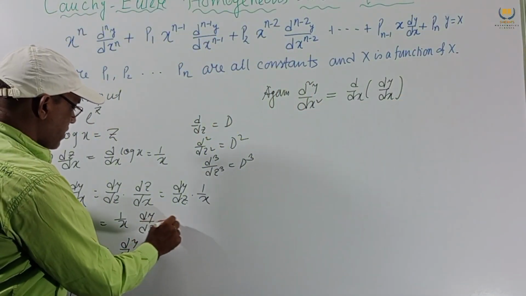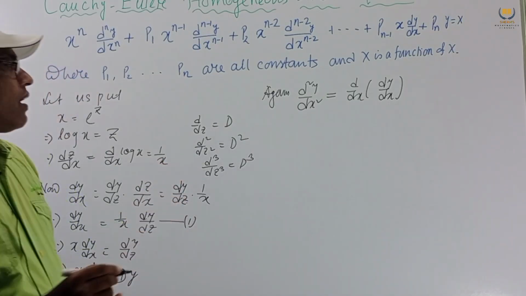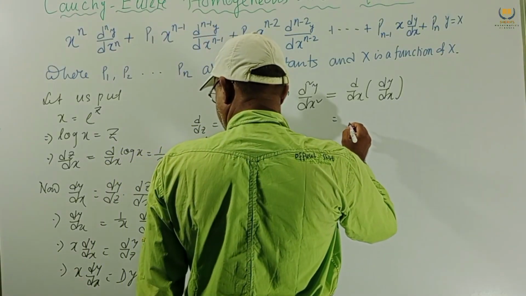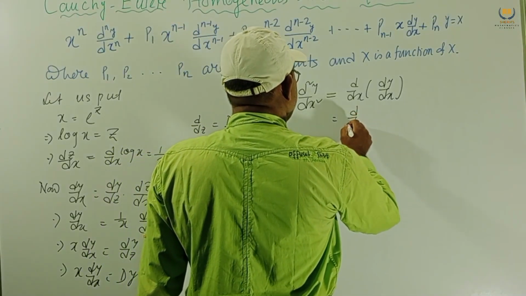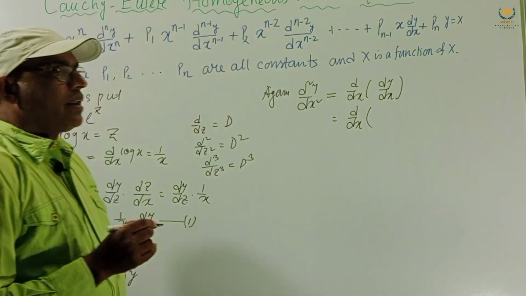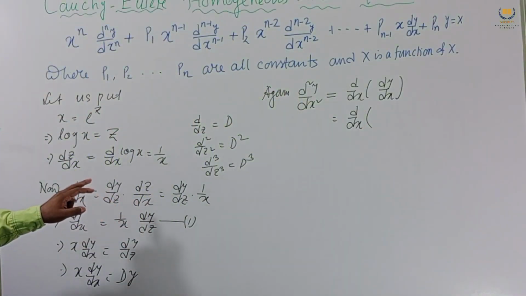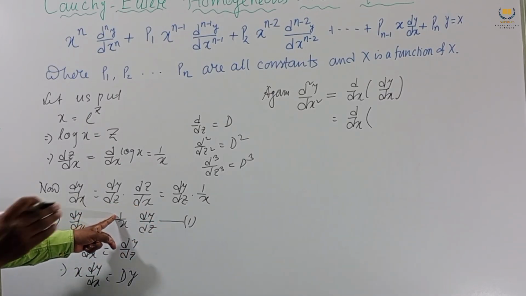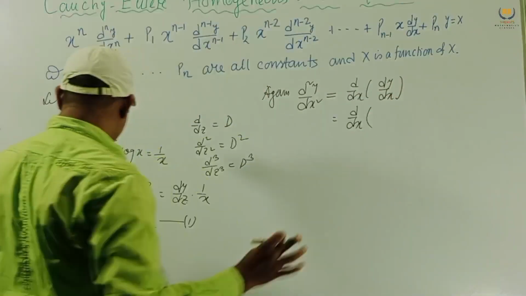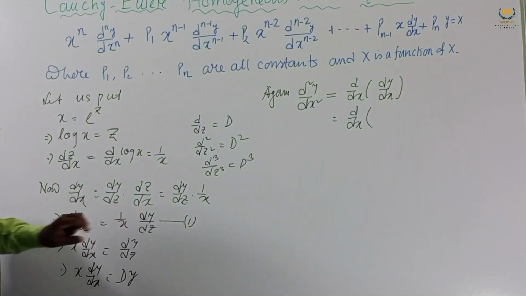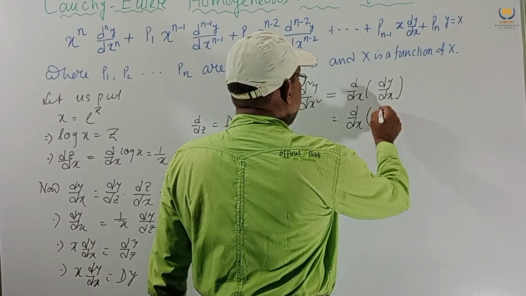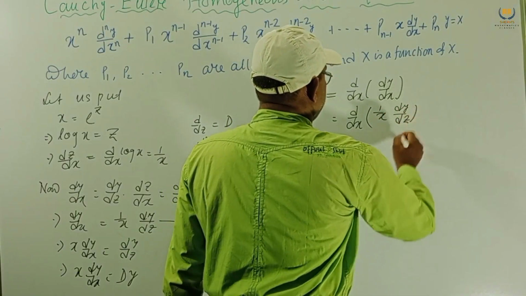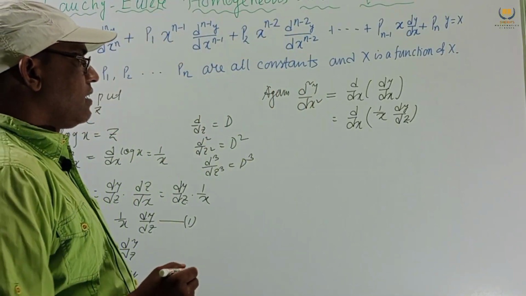Now we consider this as number 1, and this will be d/dx of dy/dx. The value of dy/dx is 1 by x dy/dz. In place of dy/dx, we put this value: 1 by x dy/dz.